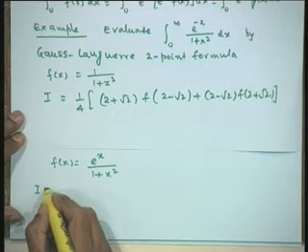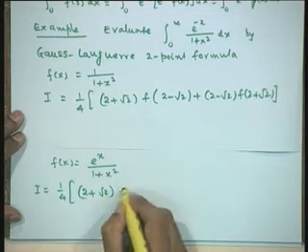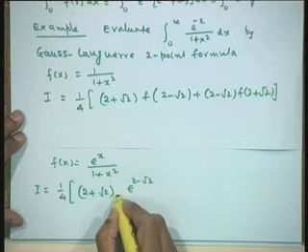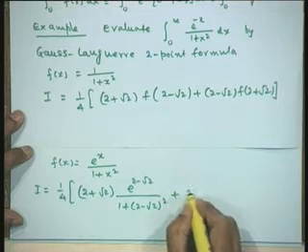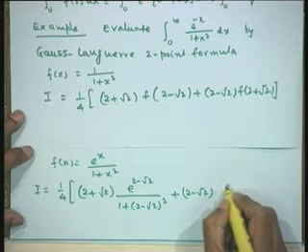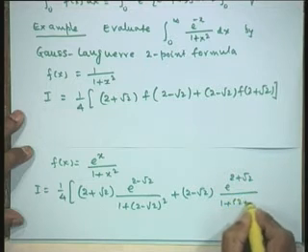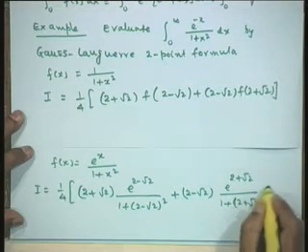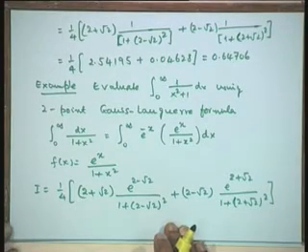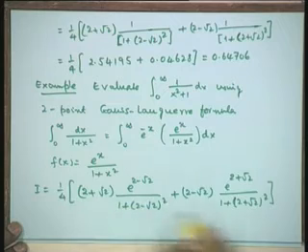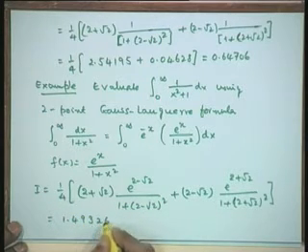So, the value of the integral I is 1 upon 4 times [(2 plus root 2) into exponential of (2 minus root 2) by 1 plus (2 minus root 2) whole squared, plus (2 minus root 2) exponential of (2 plus root 2) by 1 plus (2 plus root 2) whole squared]. This can be evaluated and I will give the result, you can compute it. This comes out to be 1.49326.